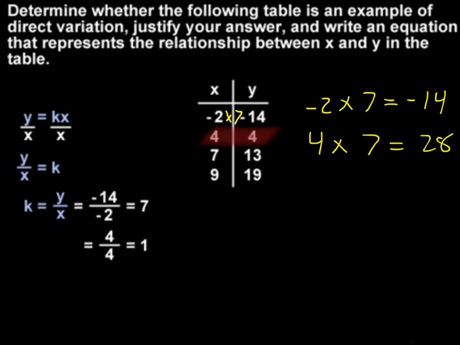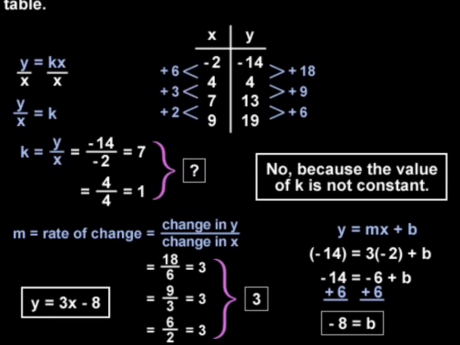So this is not, that's wrong. This is not proportional. It has to be the same number. So this is no, because it's not the same. Even looking at what it's increasing by, it increases by different values. You can tell that it doesn't have the same constant proportion.